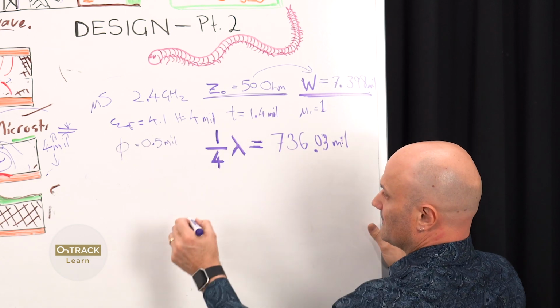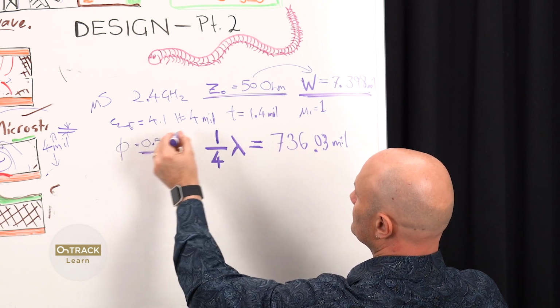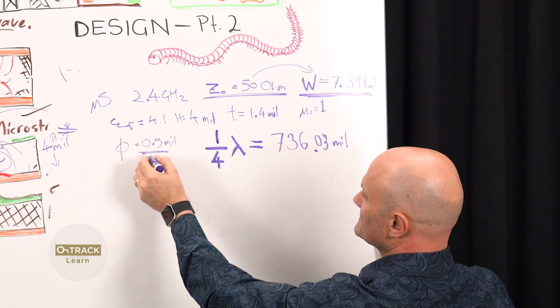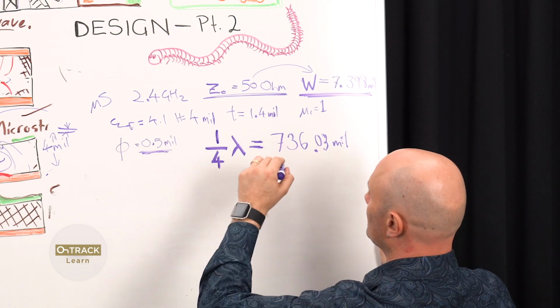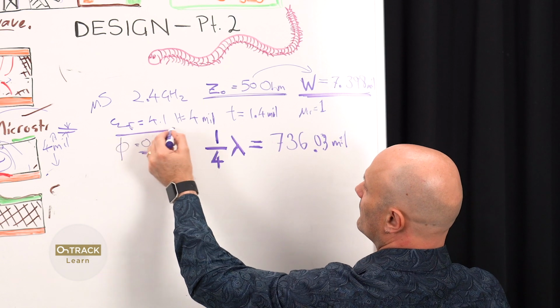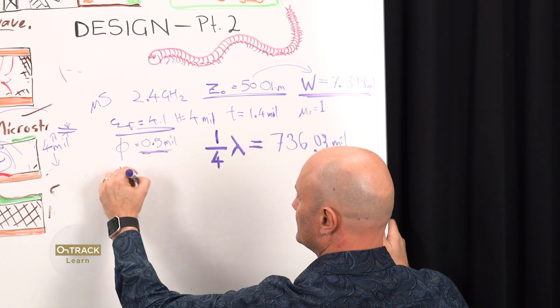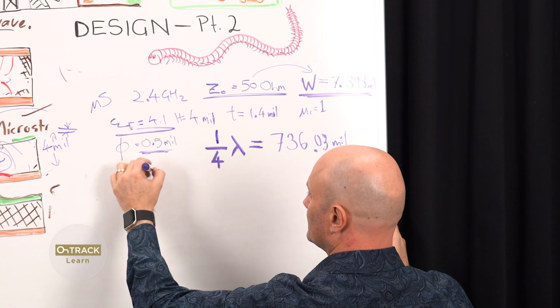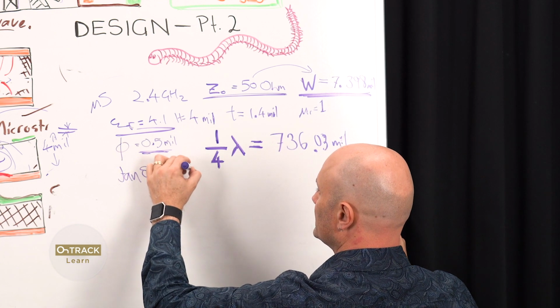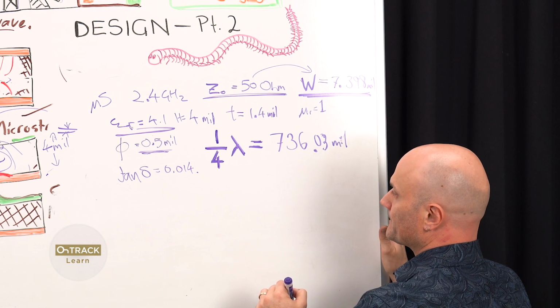And calculating all of that with this information about the materials and the resistivity of copper, the surface roughness, and typical FR4 loss tangent, tan delta of 0.014, the NEMA standard acceptable for FR4.